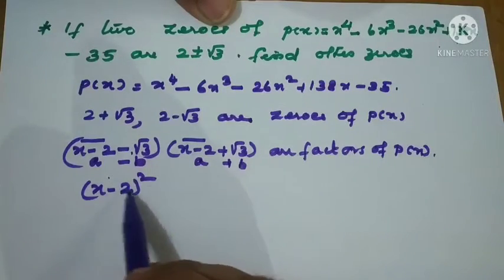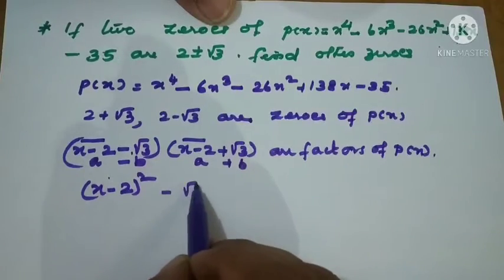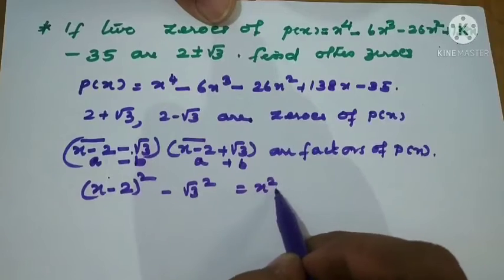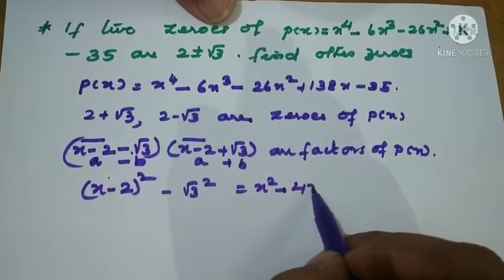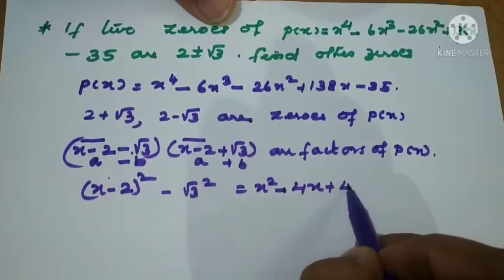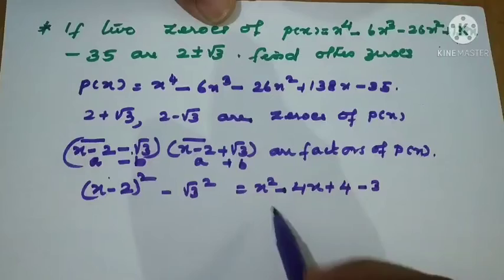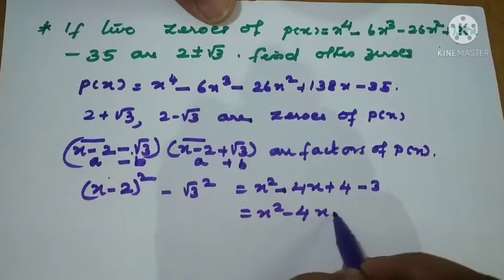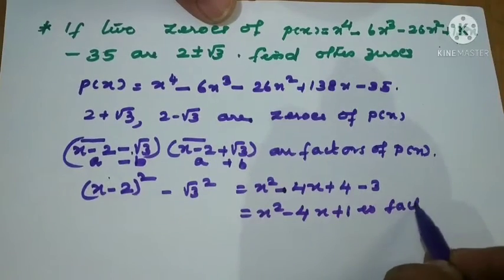So it is a square, x minus 2 whole square minus root 3 square. That means x square minus, what is the middle term here? 4x plus 4 minus 3. So x square minus 4x plus 1 is the factor of p of x.